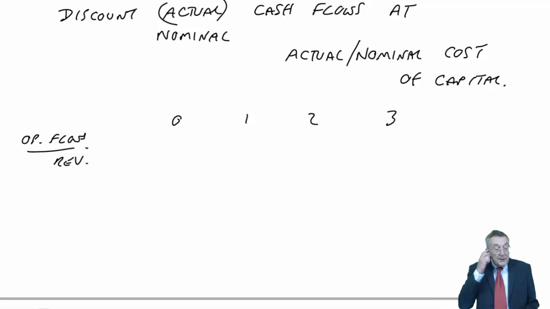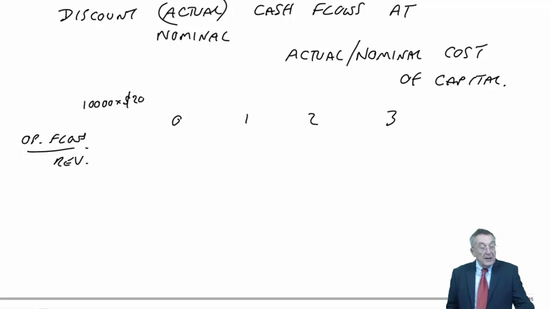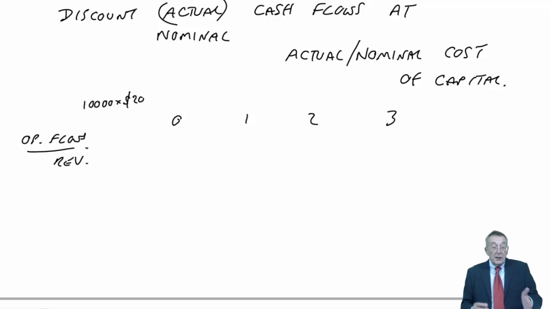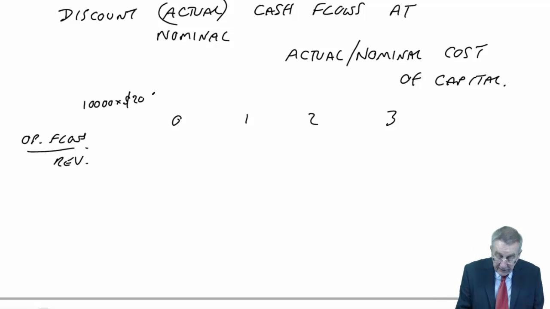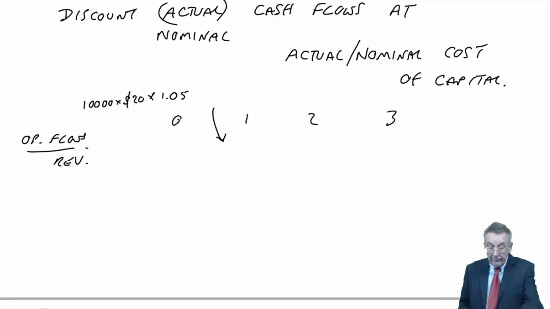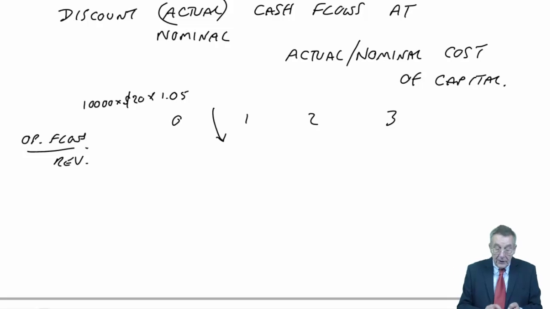I'll do it in thousands, as I said before, so it's 10,000 at $20. But it's at current prices, so the first receipt in 1 year's time, there would be 1 year's inflation at 5%, which will give us, if I keep to thousands, an inflow of 210.